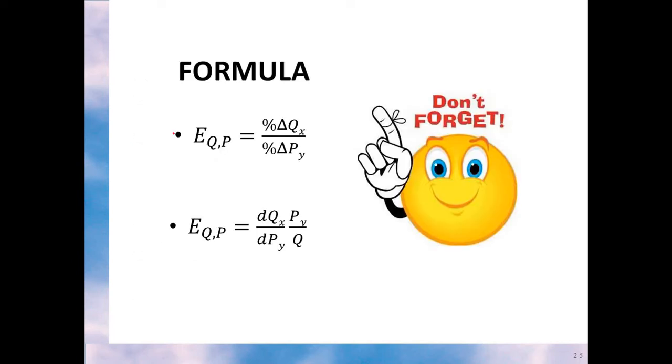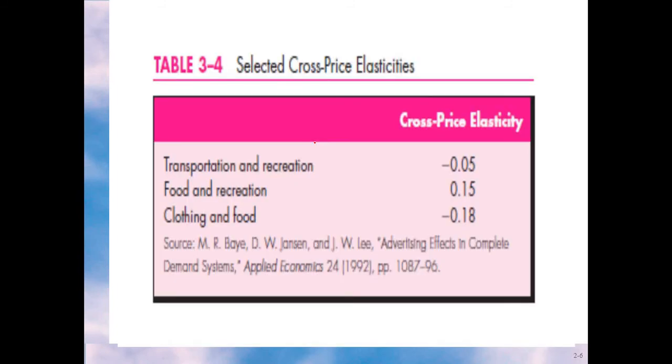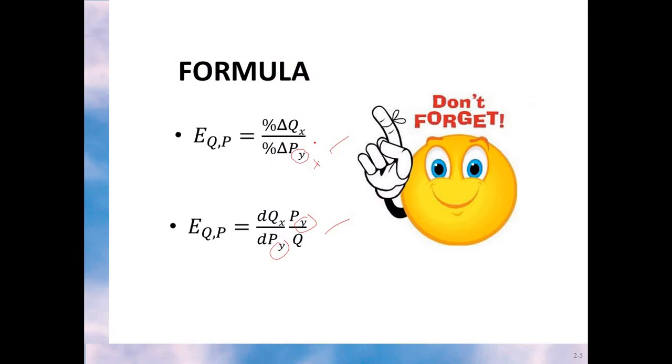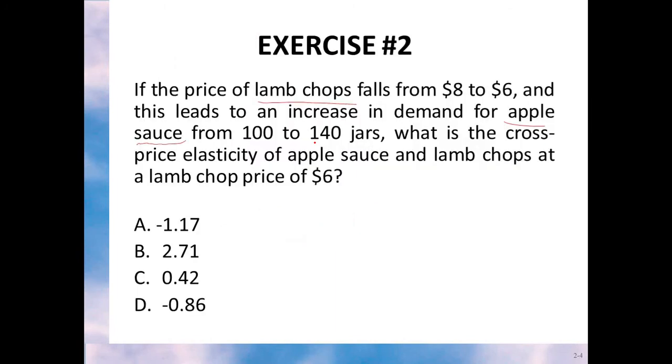Remember I showed you the two formulas last time. The first one is the percentage change, and the second one is the change in Q over change in P multiplied by P over Q. The difference is that last time, in own price, we were talking about the price of good X, but for cross price, the price is for good Y. I want you to try this formula to solve this exercise.